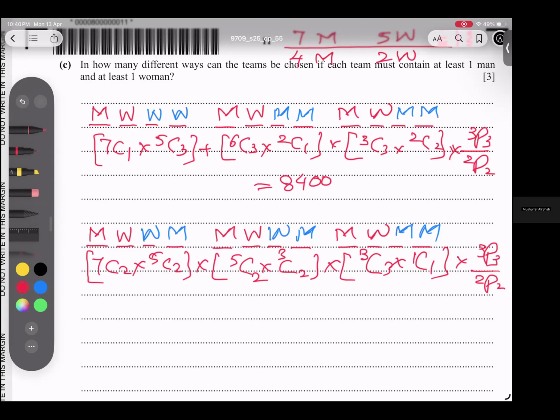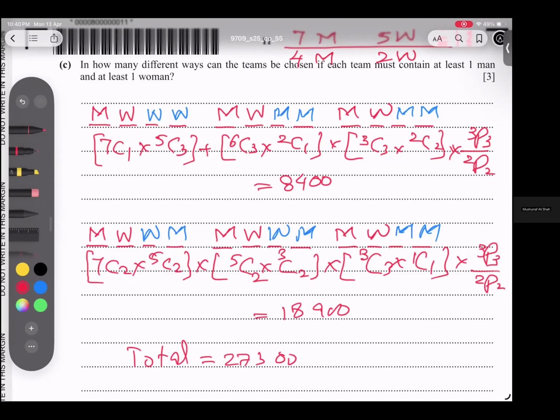And my answer turns out to be 1818900. So if I'm adding now 8400, we get the total possibilities, the total answers we have, which is 27300. I think the point is very clear. Yes, I think this is over.